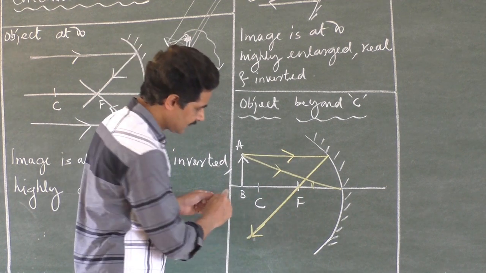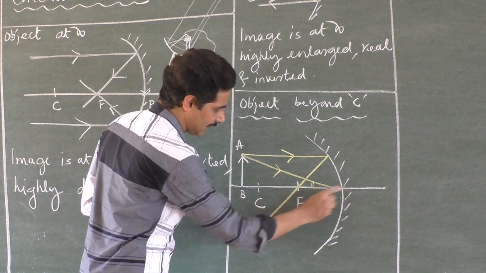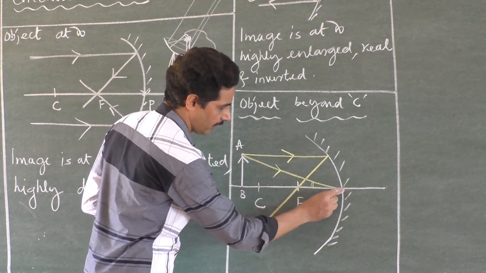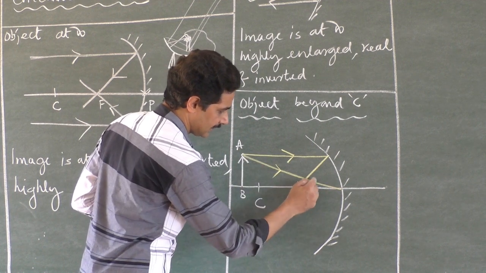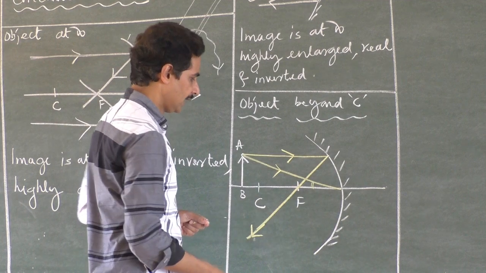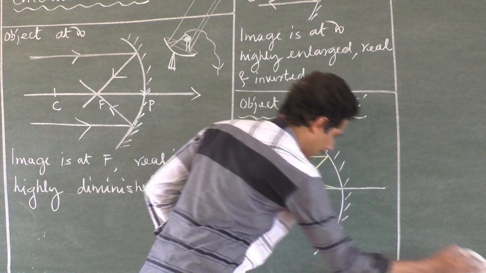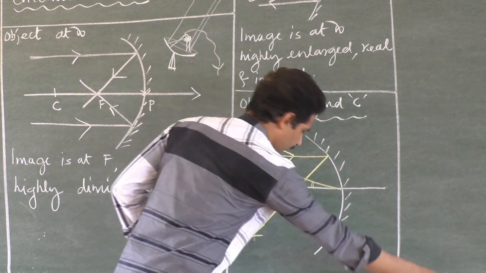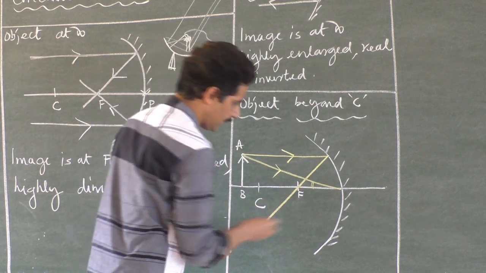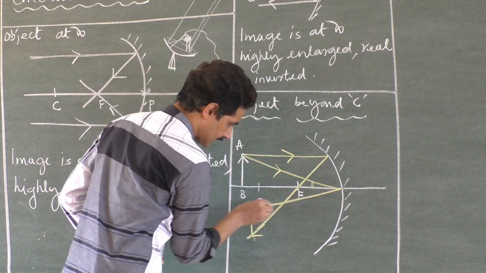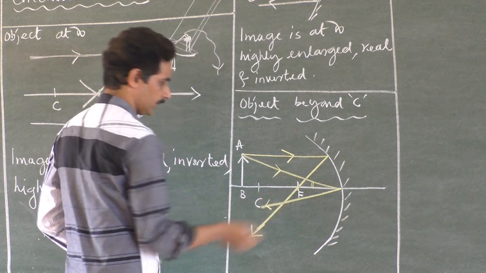You know that the principal axis itself acts like a normal. So this ray is incident at an angle of incidence i, and it should pass such that the angle of reflection is also the same. So it should pass like this with the same angle of reflection, and it should proceed.